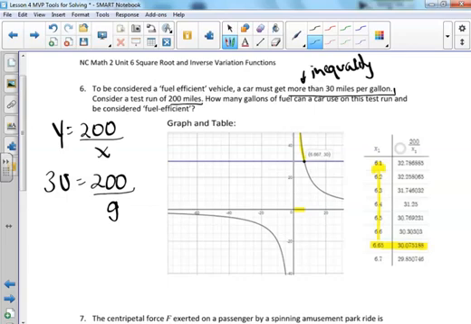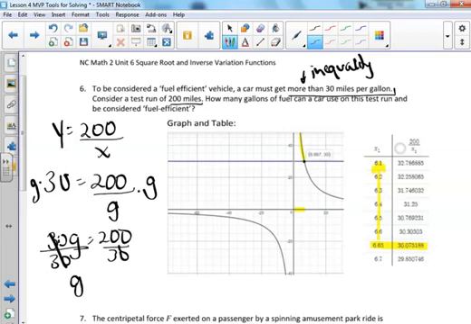Notice again that this is an inverse variation function. So we can solve it just like an equation, but we're going to have to change it to an inequality. So we'll get 30g equals 200, divide both sides by 30, and g is equal to 6.6 repeating.